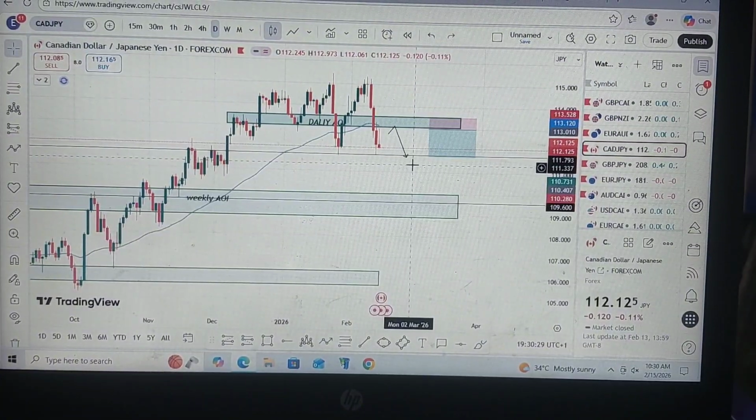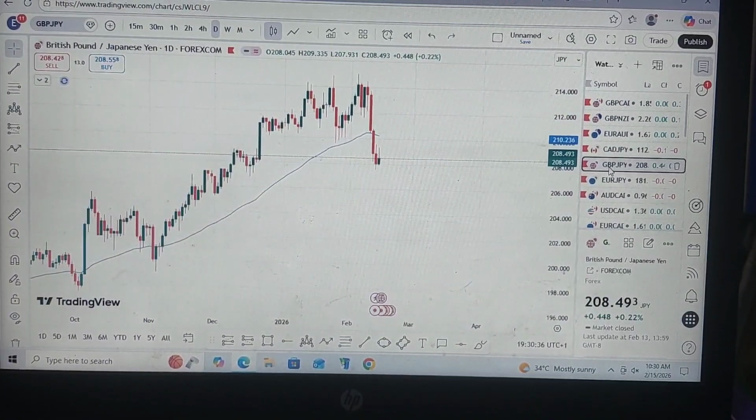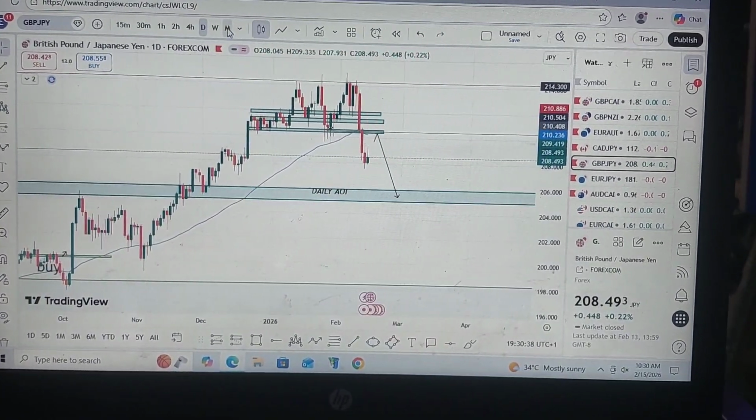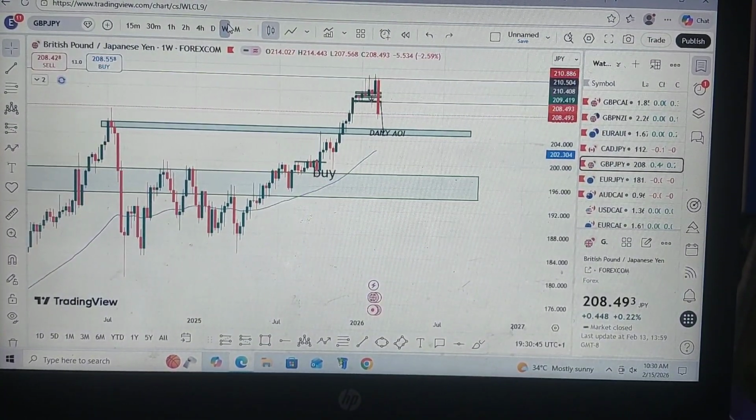Next pair on my list is GBP JPY. You can clearly see in the weekly time frame, we have had a massive push.